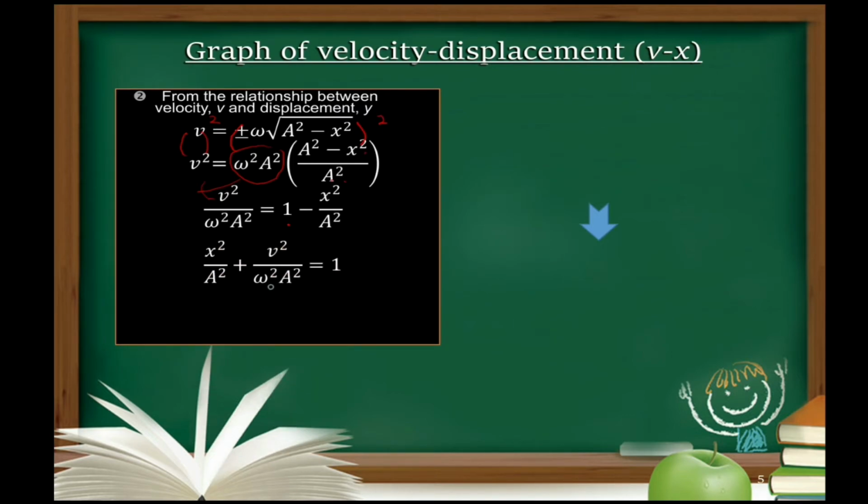Now rearrange the equation again. I'm going to put 1 on the right hand side and the rest on the left hand side. If you pay attention to the equation here, you're going to see this is what an ellipse equation looks like. So I'm sure my graph of v versus x is an ellipse graph.